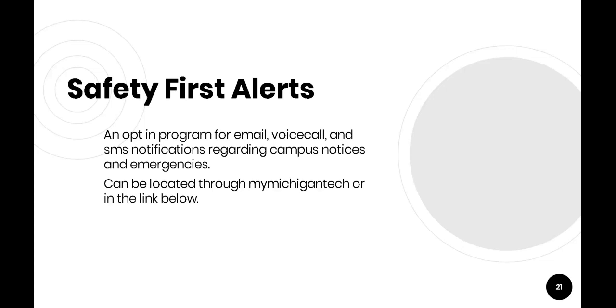So we recommend that you go through and set that up for yourself. That's really good to know as an RA, for information to disperse to your residents and also just in general. And then we also encourage you to encourage your residents to set it up themselves. And that's also linked here below the presentation and can be located through My Michigan Tech.